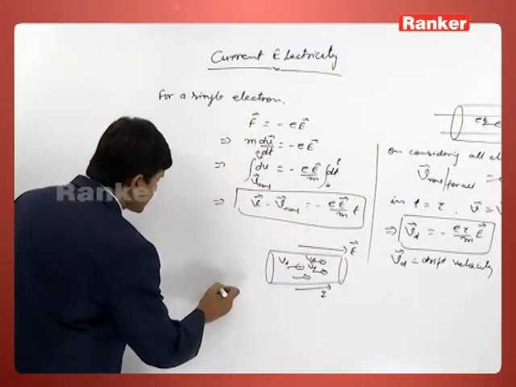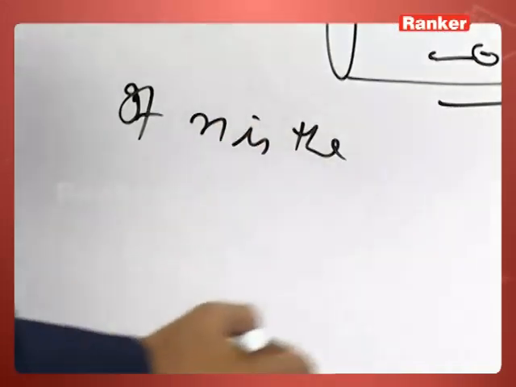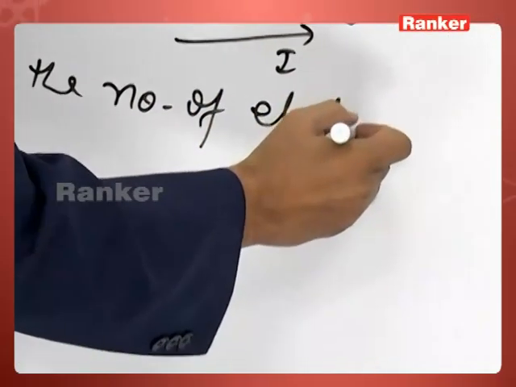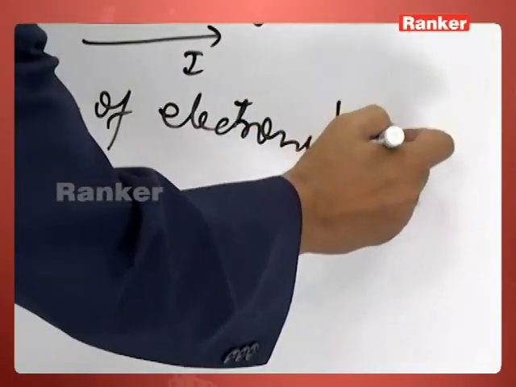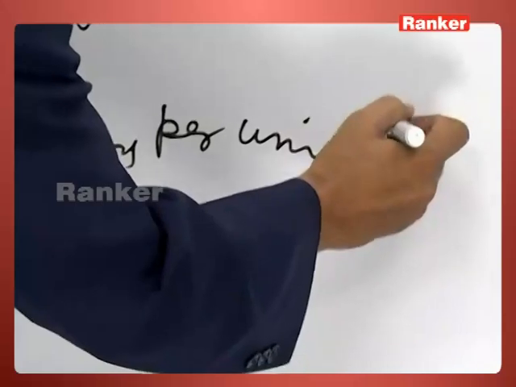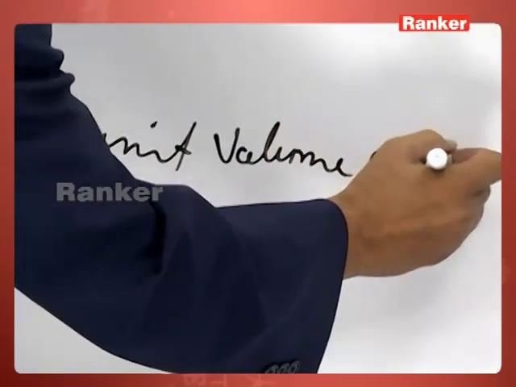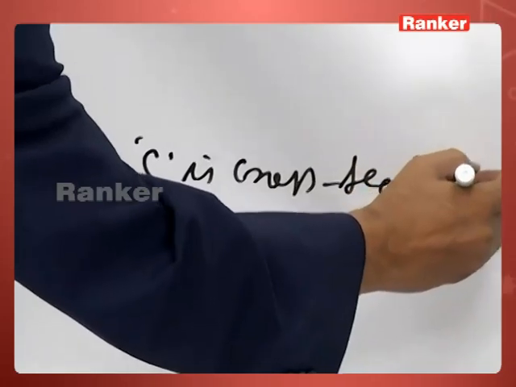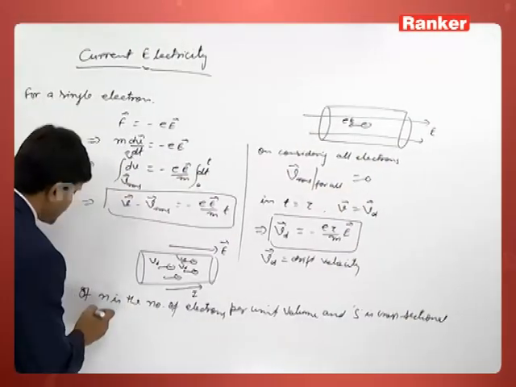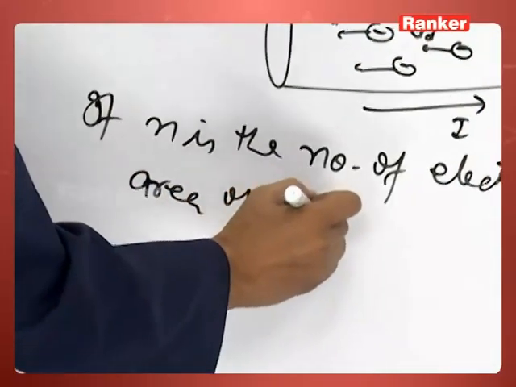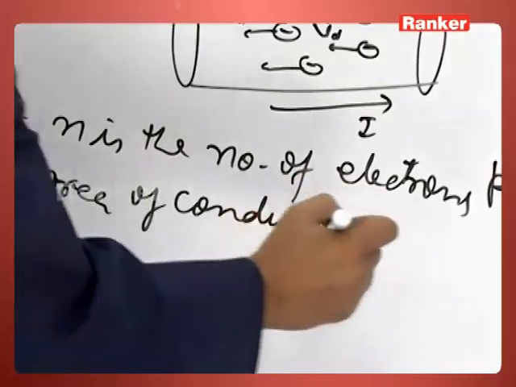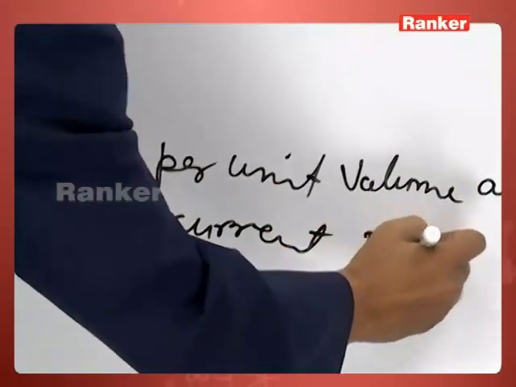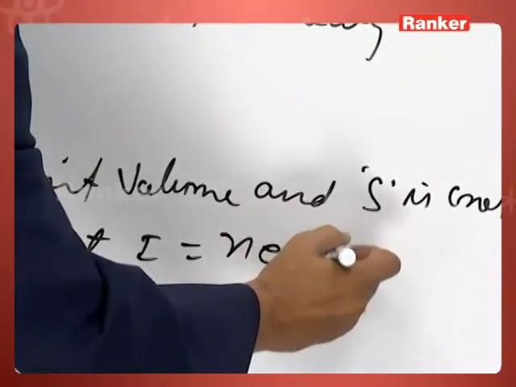So if n is the number of electrons per unit volume, and S is the cross-sectional area of the conductor, then the current is given as: current I is n e S Vd.